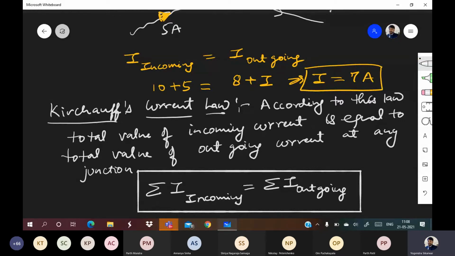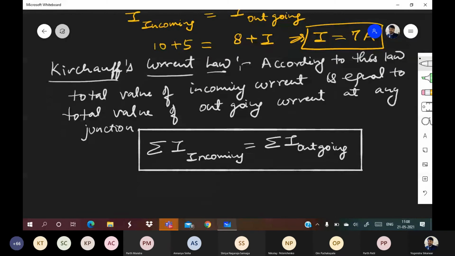All right, so this is Kirchhoff's current law. It is simply called KCL in short form. KCL is based on charge conservation.